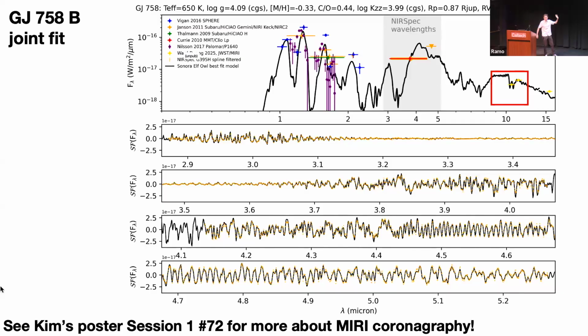In addition, this is such a well-studied system that there's such a broad range of photometry from 1 to 15 microns, which really means that the entire range of infrared wavelengths is super well characterized, including this MIRI photometry, which was taken by Kim Ward-Duong, and she actually has a poster about it if you would like to learn more about the MIRI coronagraphy. But this one photometric point around 10 micron that I'm highlighting is indicating ammonia absorption, and so that's what we'll be focusing in on a little bit further.